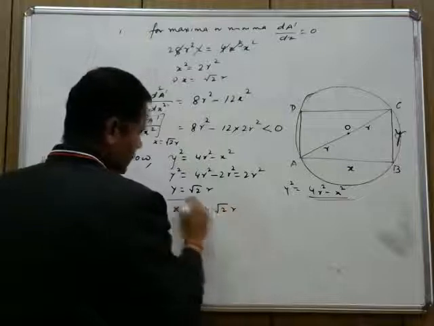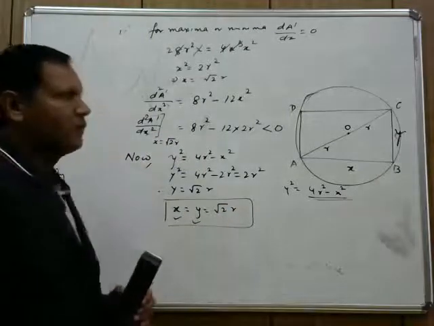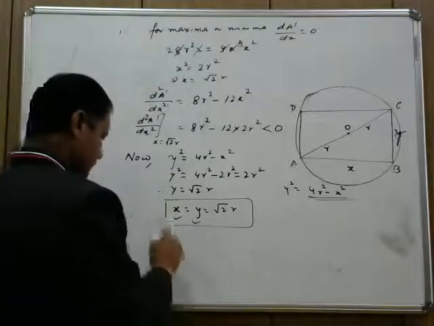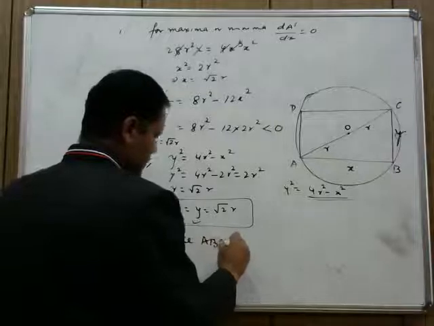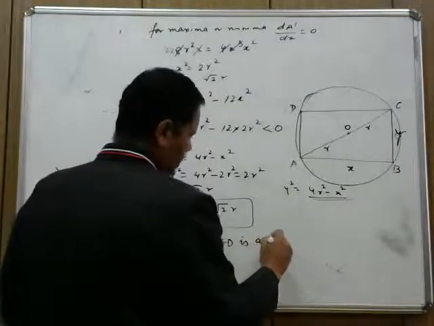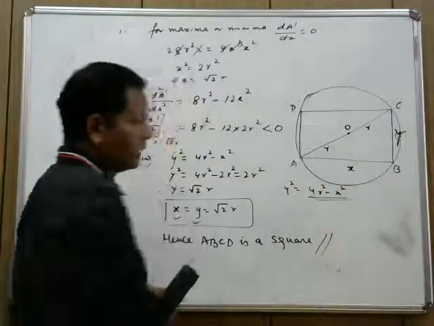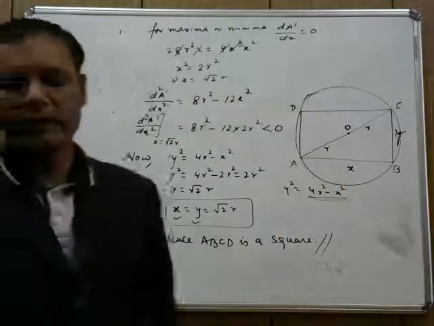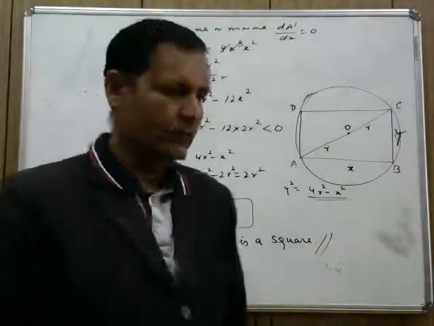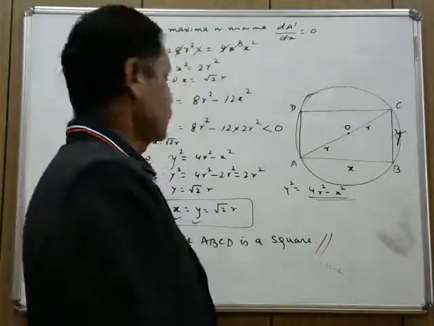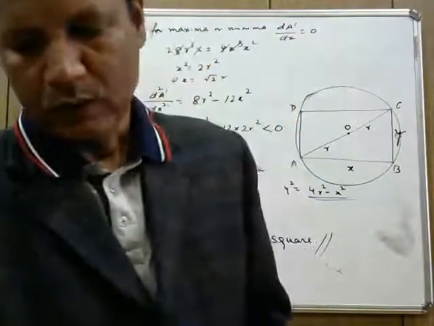That means both the x and y, length and breadth of the rectangle, are the same, and hence ABCD is a square. That's why when it will be a square, then only it will have the maximum area. Right? This was the question number 19. Okay. Now question number 20.